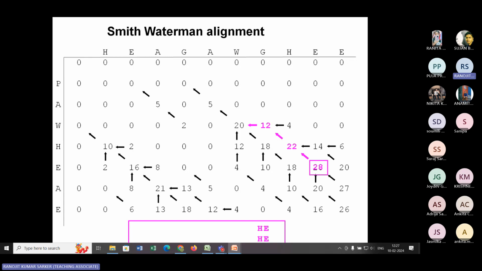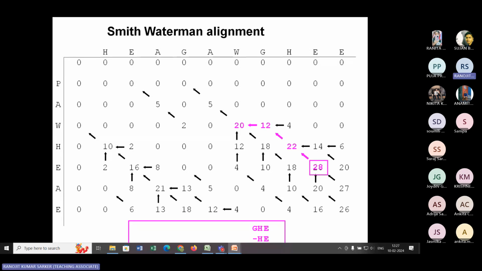Rather, we are going to put a gap in sequence 2. So let's align G by gap. Am I correct? Yes, sir.